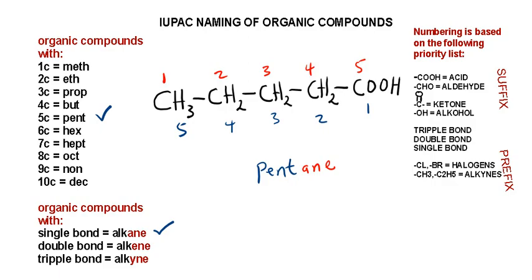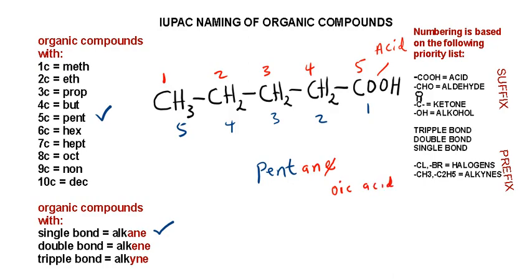Now let's check for the functional group. We have a functional group here belonging to acid. So we remove this E and replace it with OIC acid.